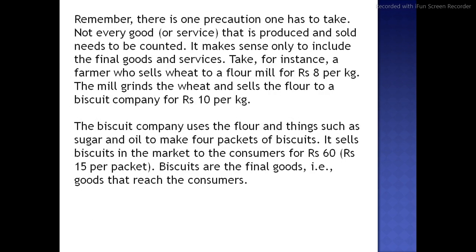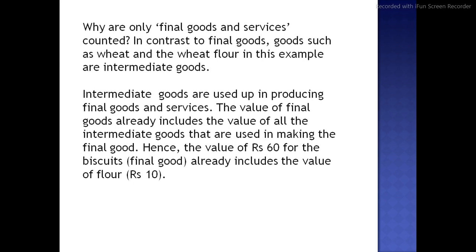Next, define the term intermediate goods. So what is the meaning of intermediate goods? You have to write. I repeat, define the term intermediate goods. If you are asked for an example, you have to give the same example as given in the textbook, as I stated to you earlier.